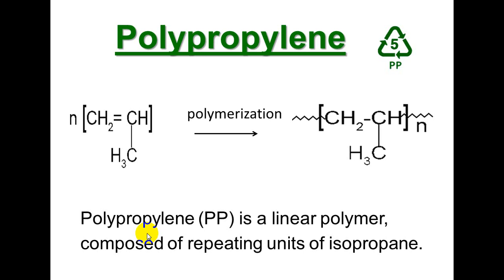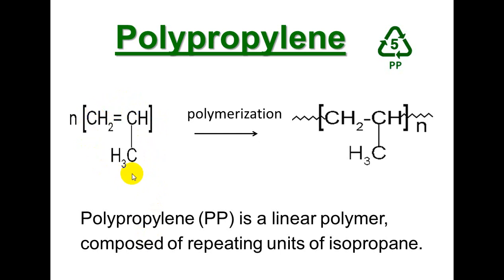Now the second important polymer that we are going to study is polypropylene. It is again a very important polymer and has a very important role in our day-to-day life. Now let us look at the single molecule.